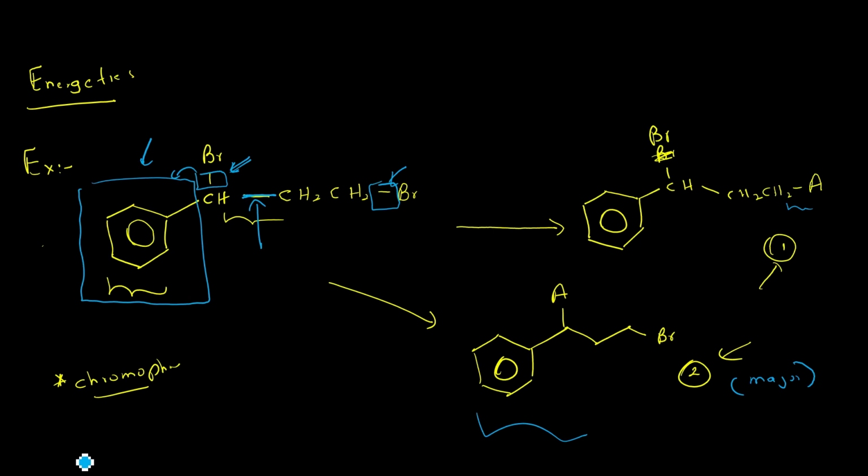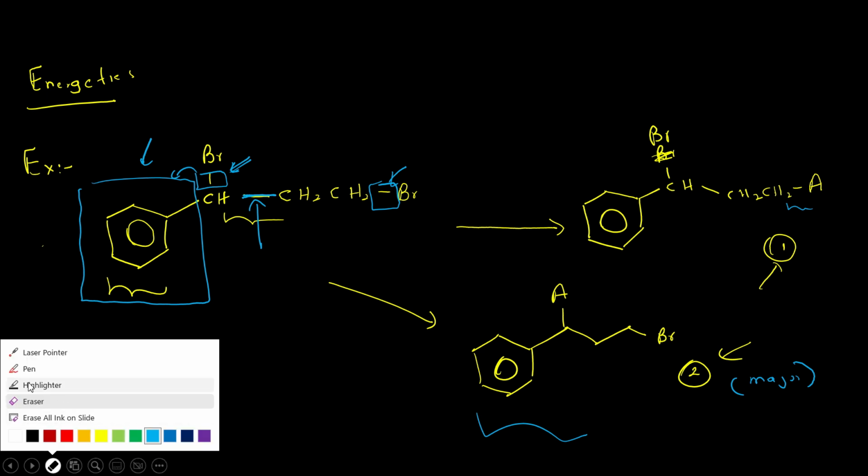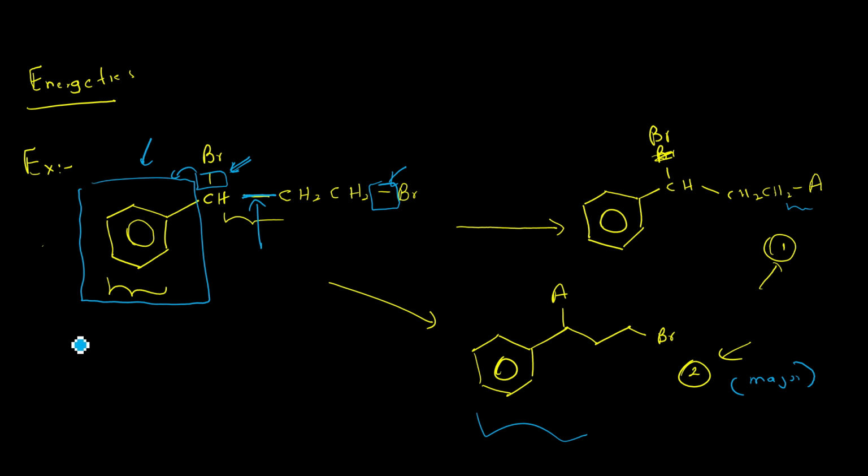So when it comes to identifying the bond which is going to be broken, I will put it here. There are two facts you need to look at. First of all, you need to identify the chromophore, right? And then the bond which is closer to the chromophore, and the bond which is weaker.